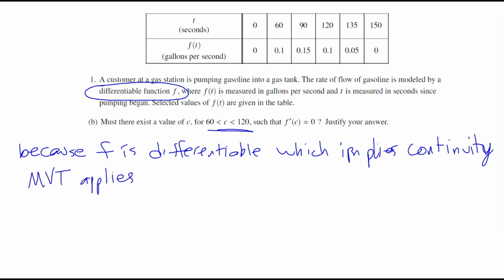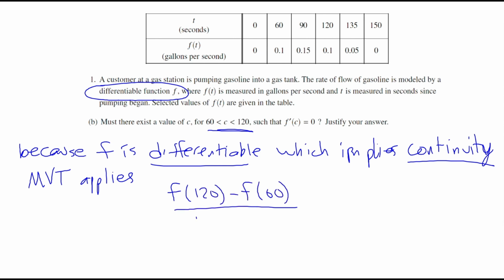So we have a function that is differentiable and continuous, which means that the mean value theorem does apply. So now we're just going to check and see: does f of 120 minus f of 60, divided by 120 minus 60, equal 0? Because we want to know, does f prime equal 0? And f of 120 and f of 60 are both 0.1. So we have 0.1 minus 0.1 over 60, which just gives us 0.